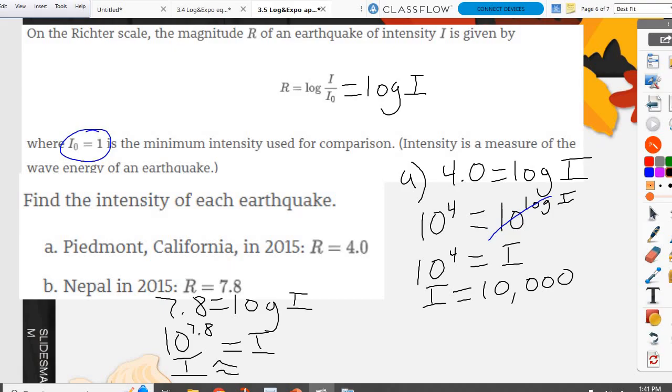It's about 63,095,734.45. So notice, if I'm talking about an earthquake in Nepal, I don't want to have to say the intensity of that earthquake was 63,095,734. Which is why it's much easier to say, oh, that was a 7.8 on the Richter scale.